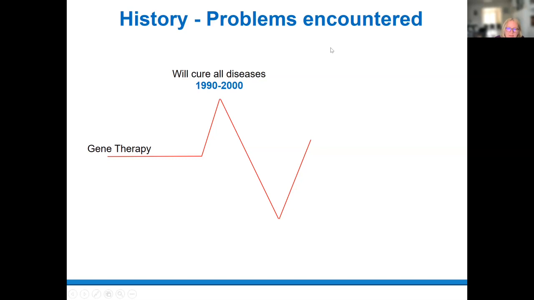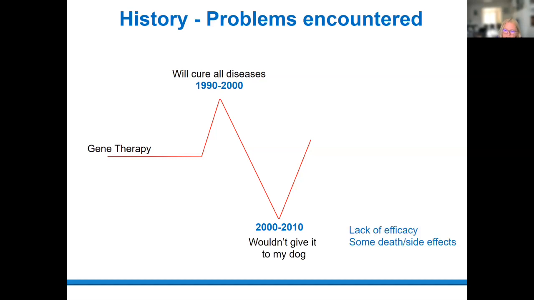However, there was then a loss of faith in gene therapy in the next 10 years, and people felt that we really don't want to give gene therapy to anybody. We don't believe in gene therapy, and that was triggered by lack of efficacy in many, many studies, but also, sadly, by the deaths of some trial participants and side effects that were encountered.